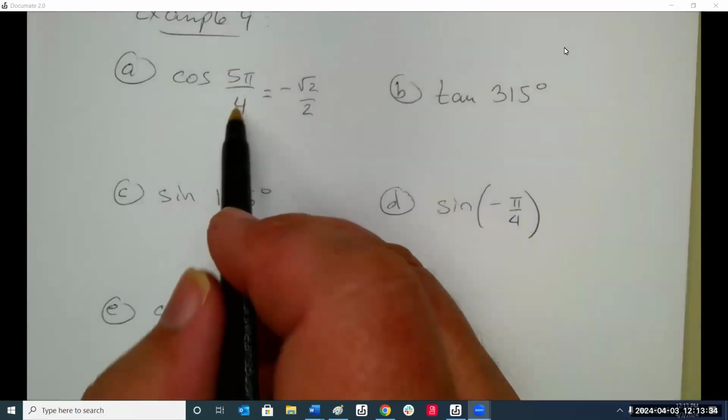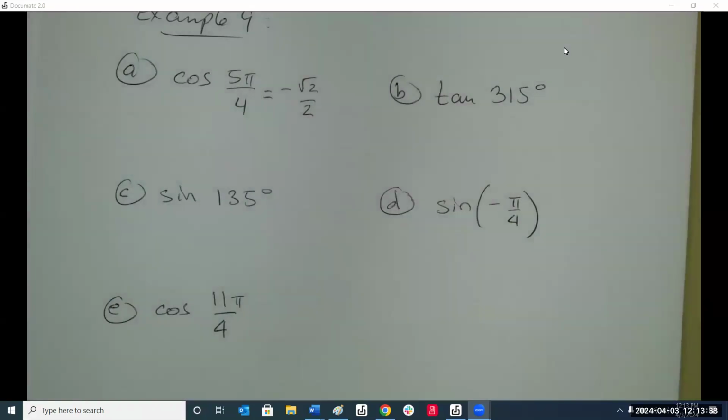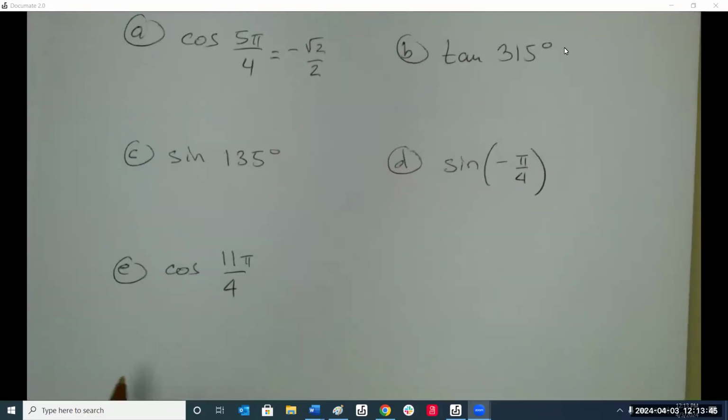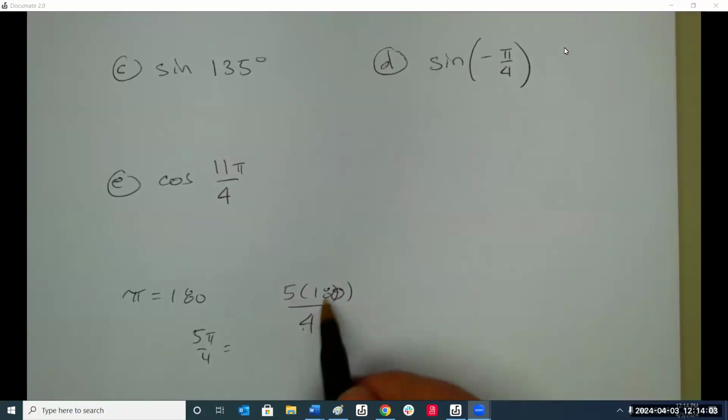What if I asked you what is the degree of 5 pi over 4? How would you do that? Since pi equals 180, we would have 5 times 180 divided by 4. 4 goes into 180 how many times?